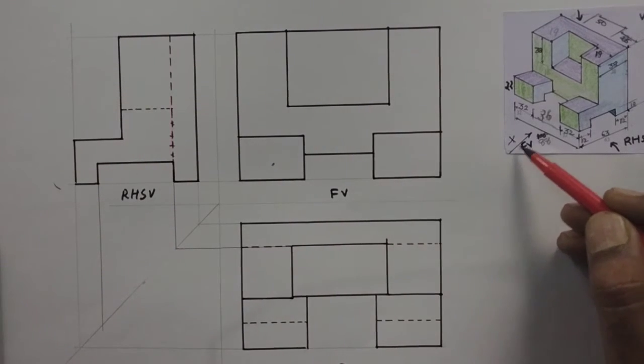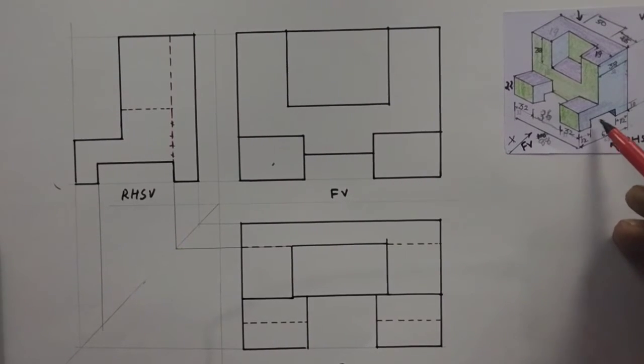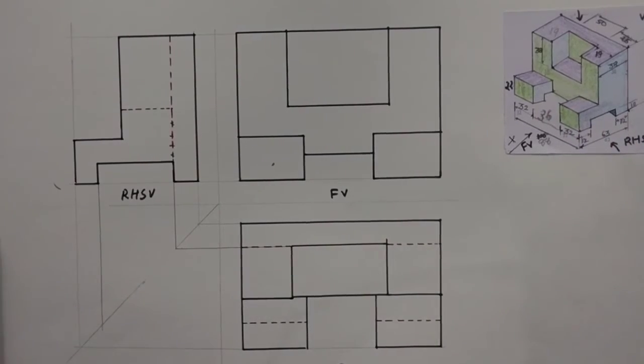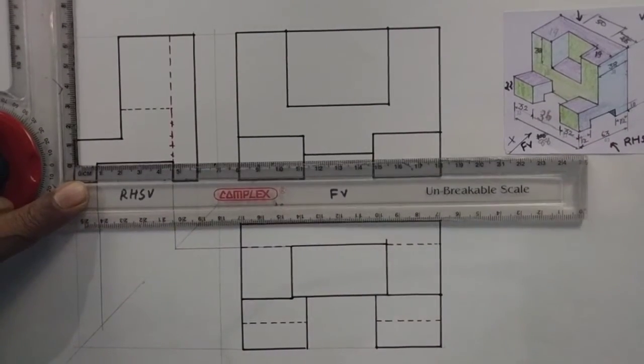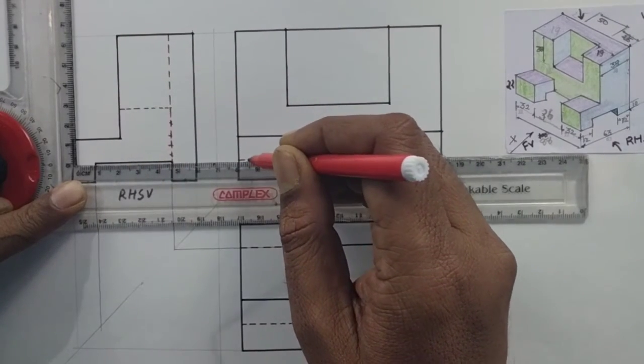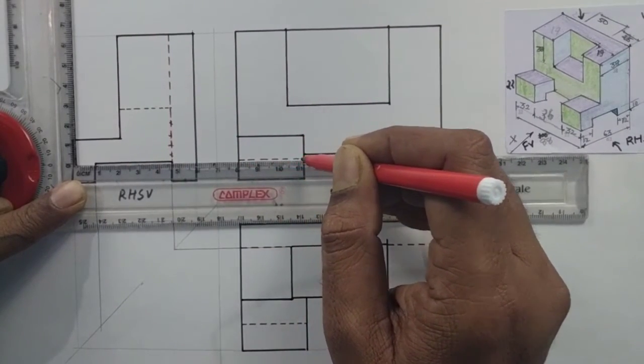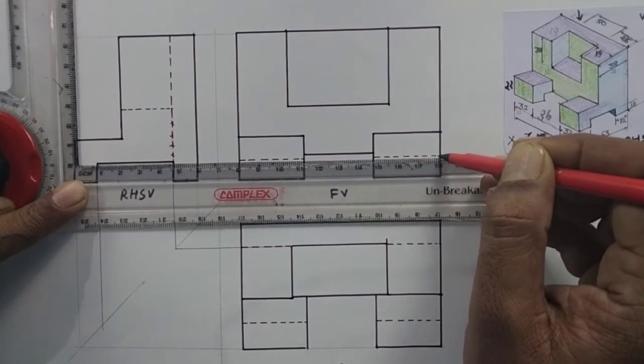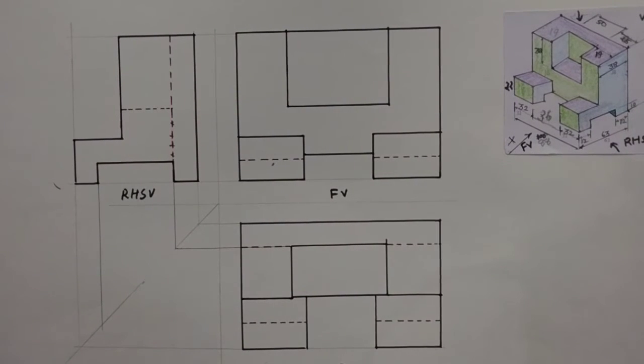Now in the elevation also, this rectangular channel, particularly in this zone, is shown dotted. So I take the projection from the side view and we show the dotted lines here on both steps. So almost we completed our three views using the first angle projection system.